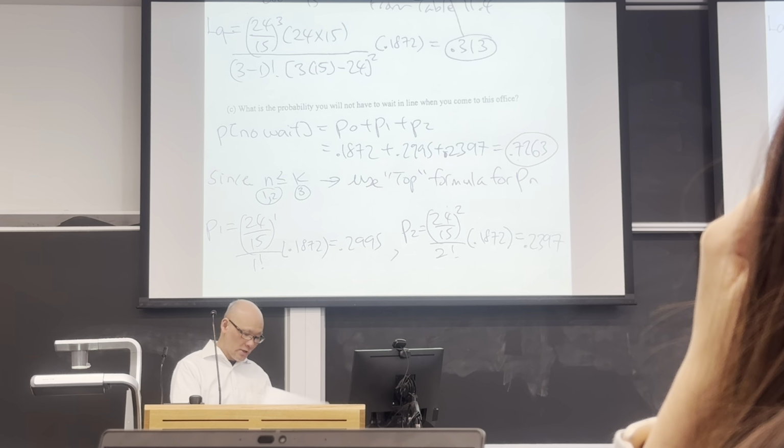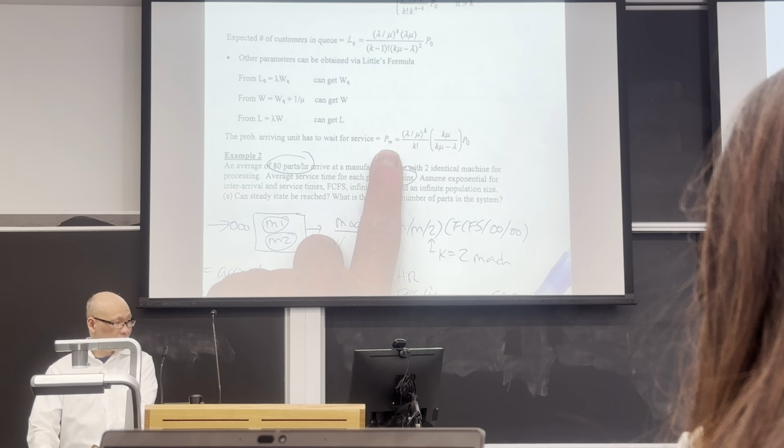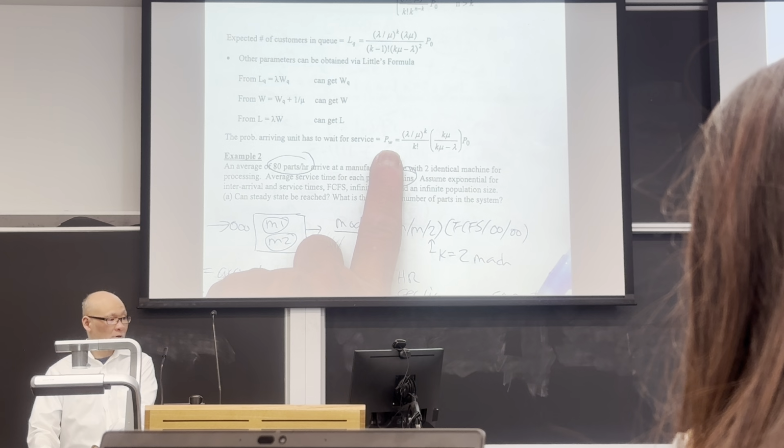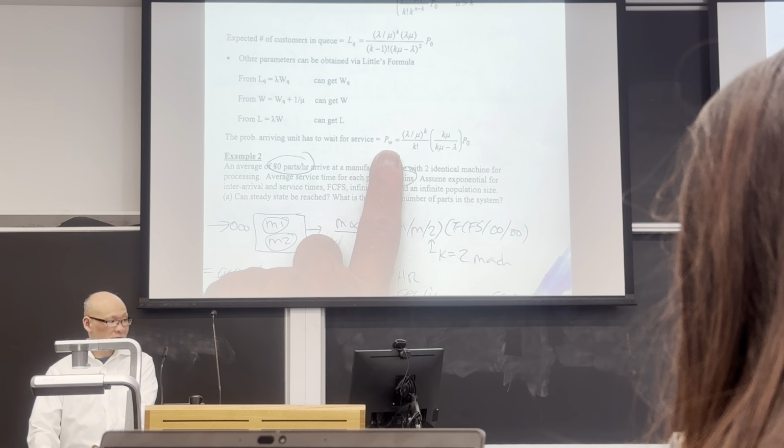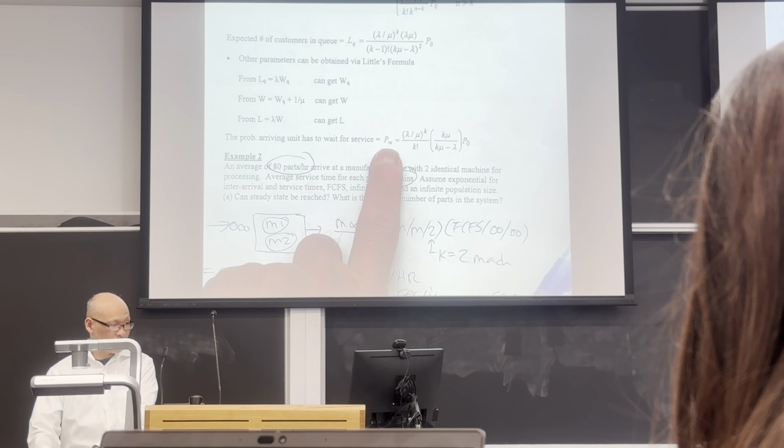Now, we could have done it another way. There was the formula here to calculate the probability a customer arriving has to wait. And so the probability of not having to wait is just 1 minus this PW here.